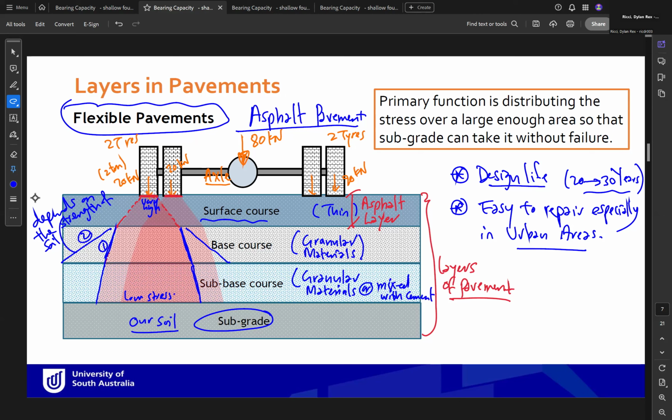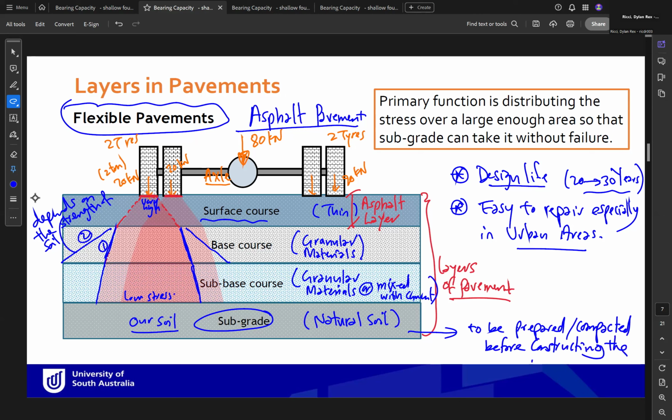So it can be pure granular or mixed with cement. The subgrade is natural soil, but this natural soil also needs to be prepared or compacted before constructing the road.